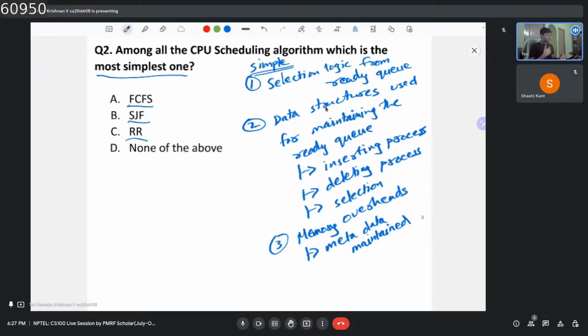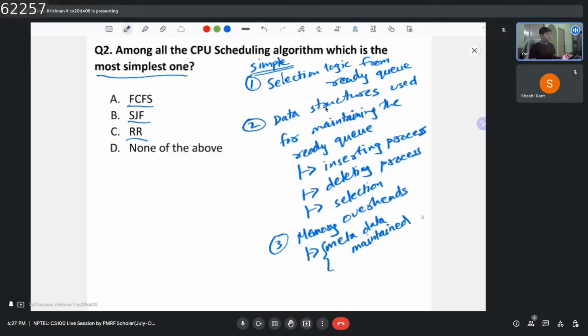These are all metadata that has to be maintained, and for predicting that cycle count, some CPU logic has to be executed. So all these are memory overheads and execution overheads. That is what memory overheads and metadata are all about with respect to a scheduling algorithm.